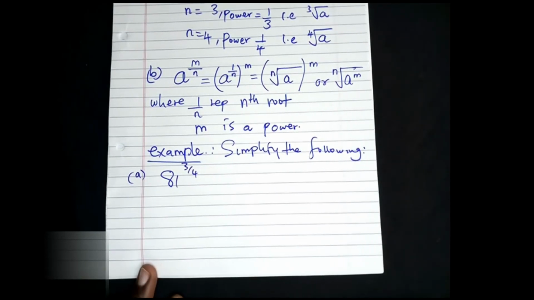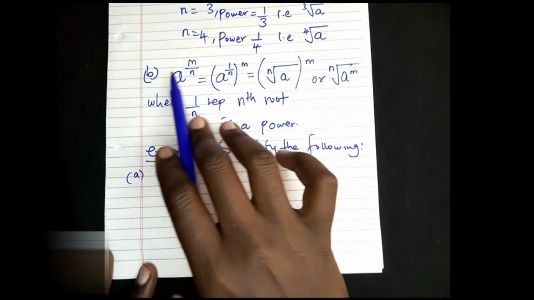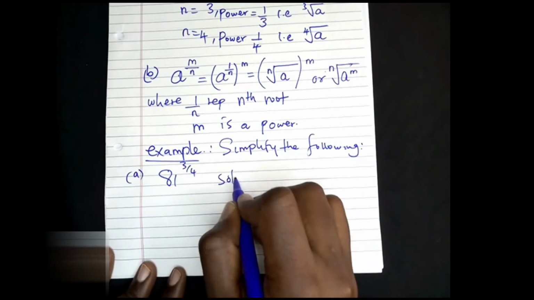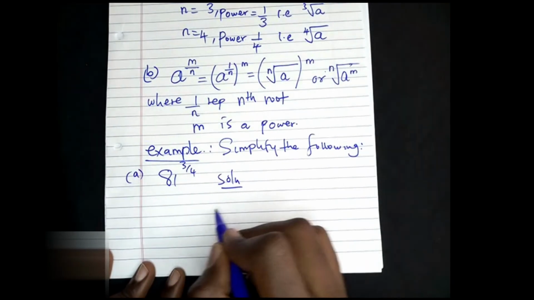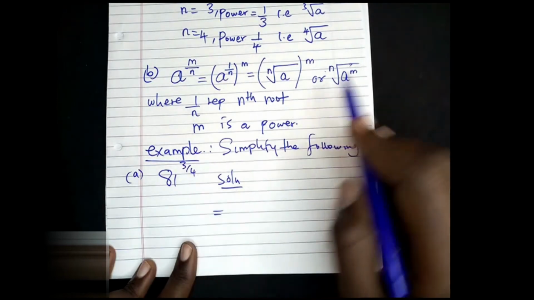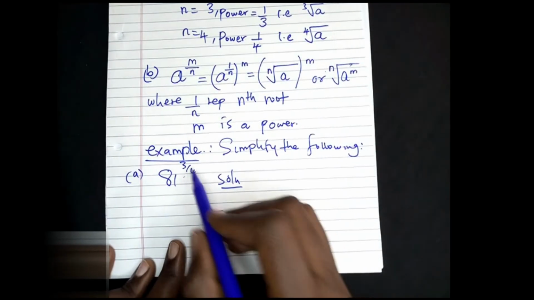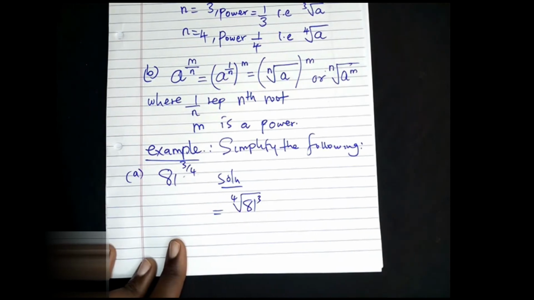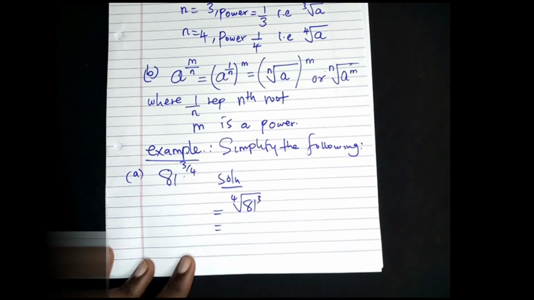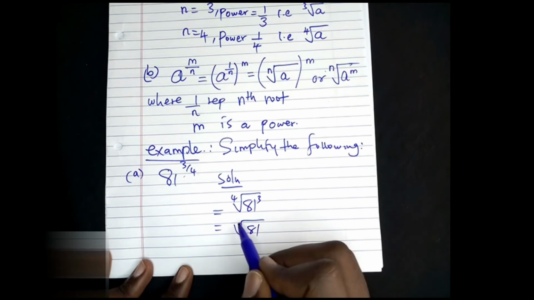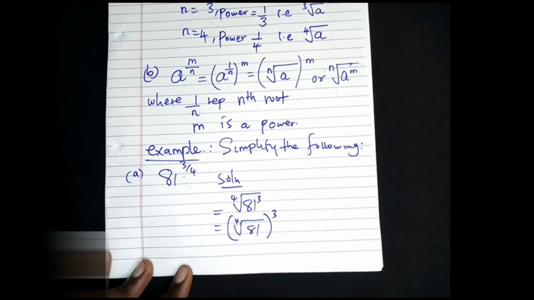If we are to simplify this particular number based on this particular law, the fractional power law, what we need to do is separate the powers as we did on this particular point, and so we shall have the fourth root of 81 cubed, which you may find by taking the fourth root first and then cubing it afterwards.